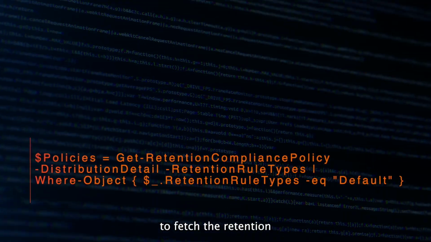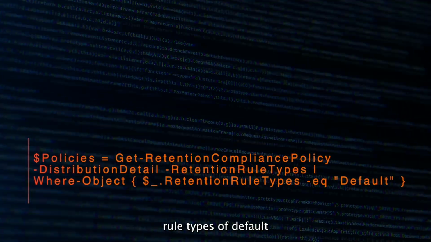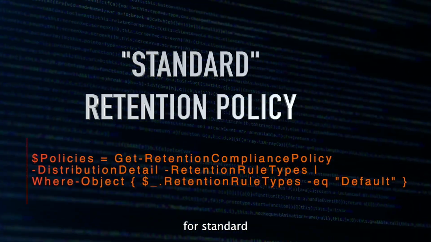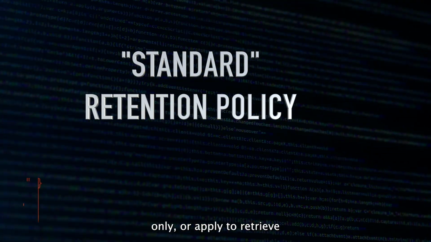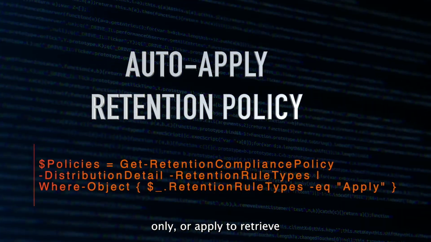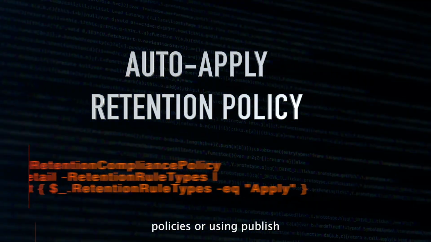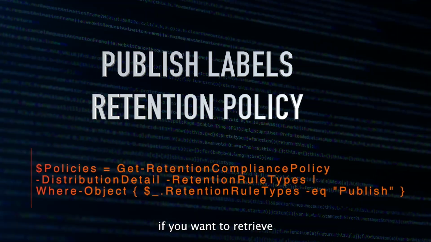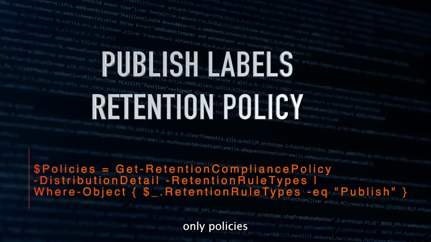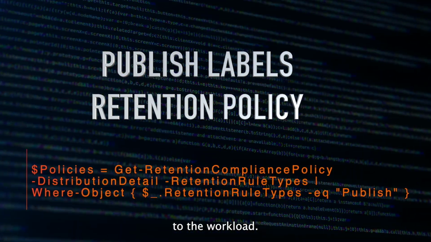You can customize the main script by asking it to fetch the retention rule types default for standard retention policies only, or apply to retrieve auto label retention policies, or using publish if you want to retrieve only policies that publish labels to the workload.